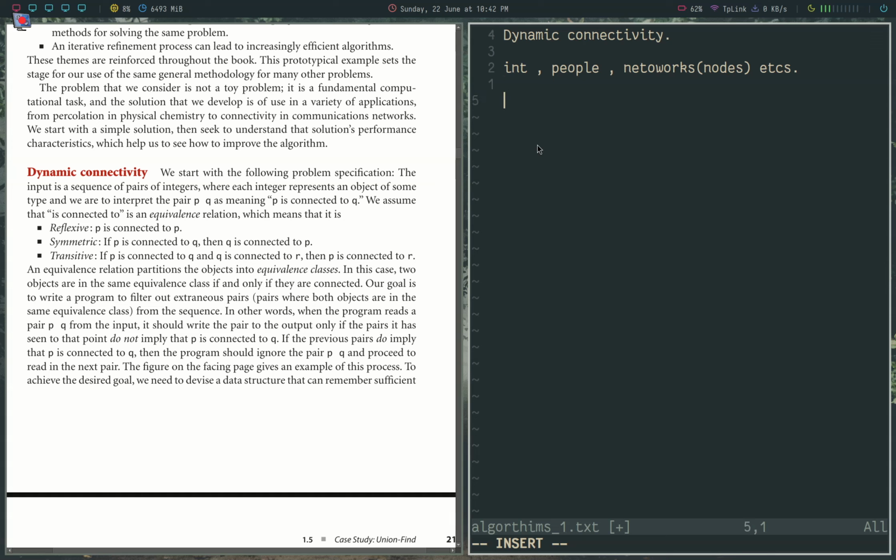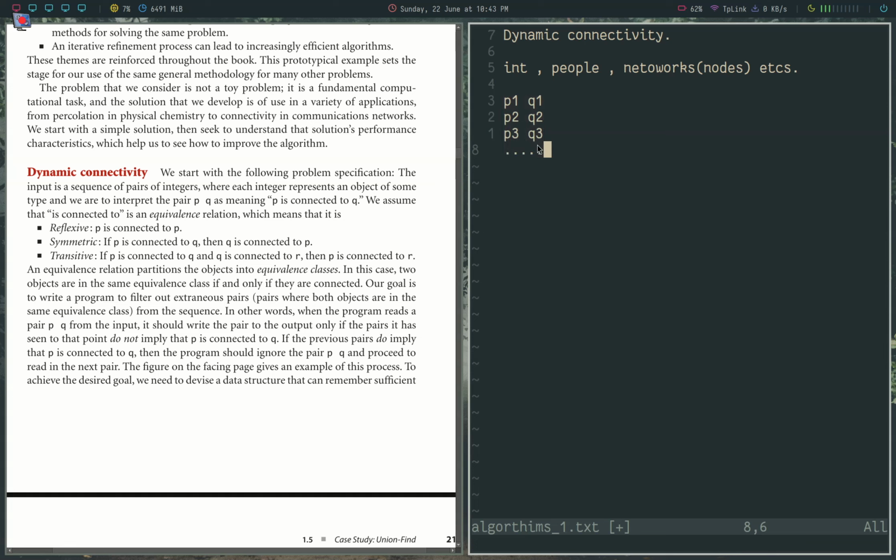So if we have been given a sequence of pairs of objects, what does that mean? Pair means you have been given P1 and Q1, P2 and Q2, P3 and Q3, and so on. So these are basically a sequence of pairs.